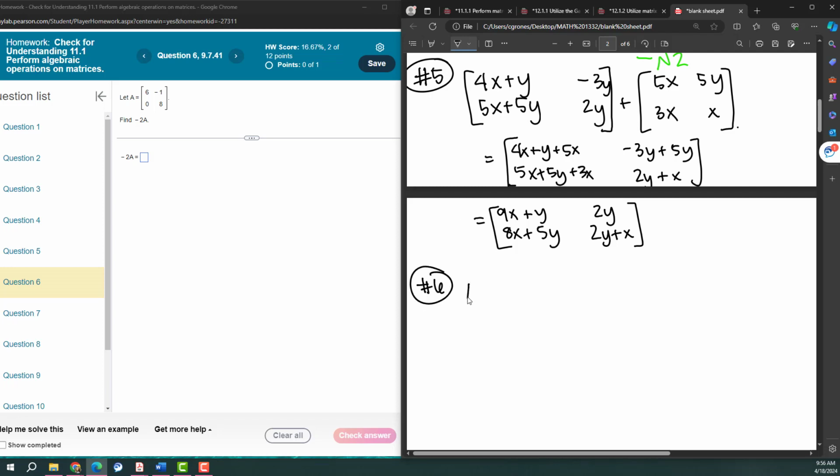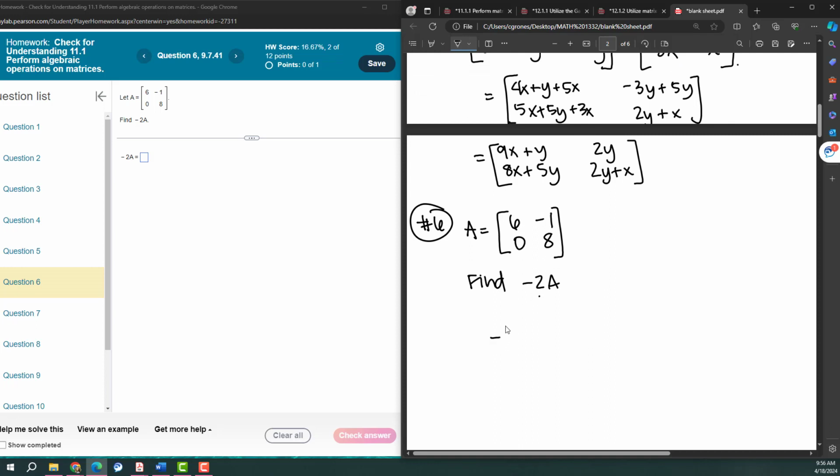It says A equals the matrix 6, -1, 0, 8. And we want to find -2 times A. So -2 is going to be our scalar. So all we're going to be doing is multiplying -2 times every single value in our matrix.